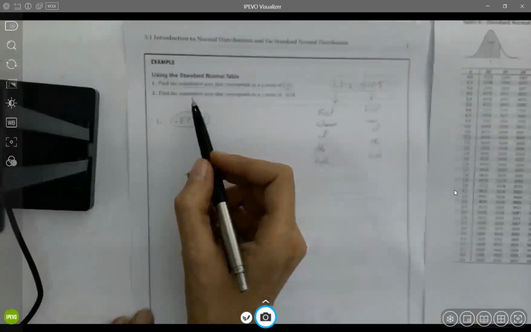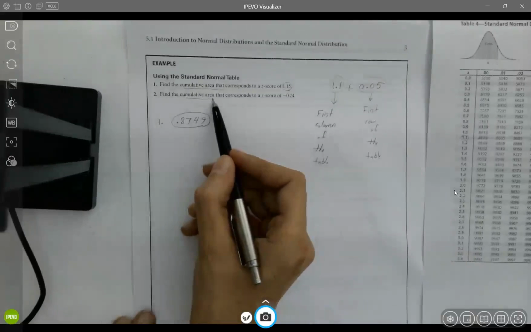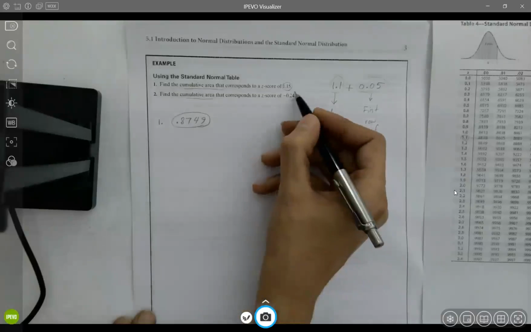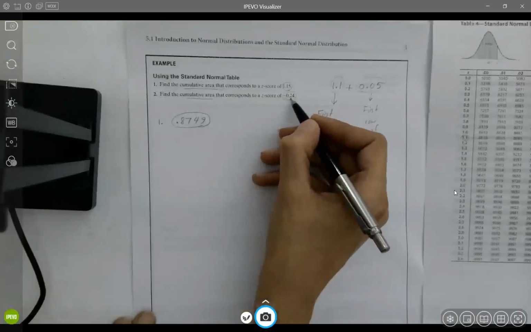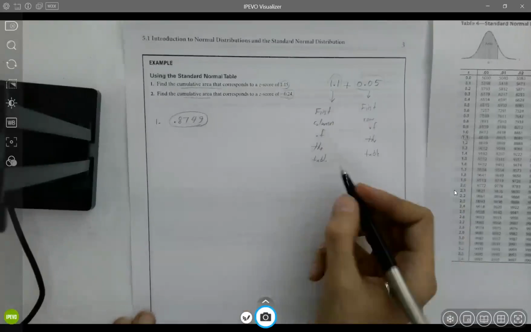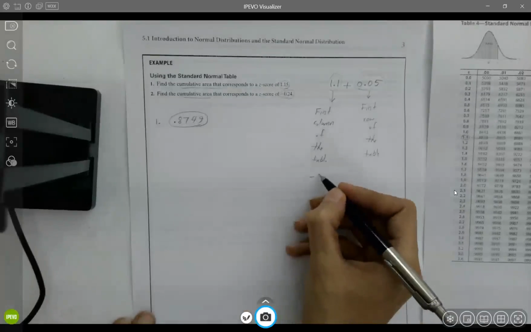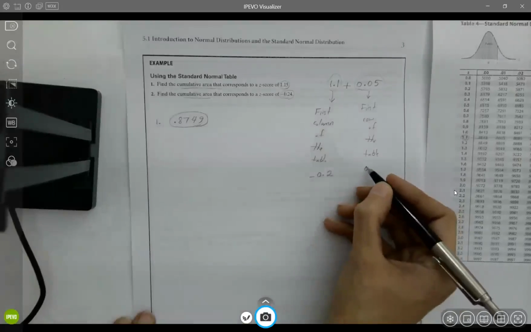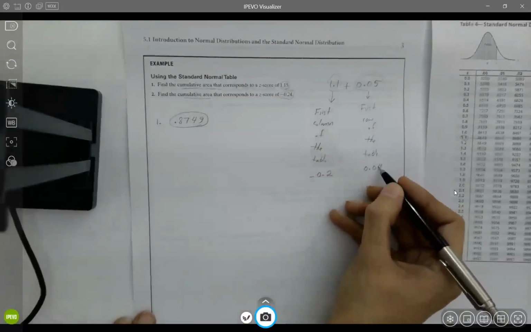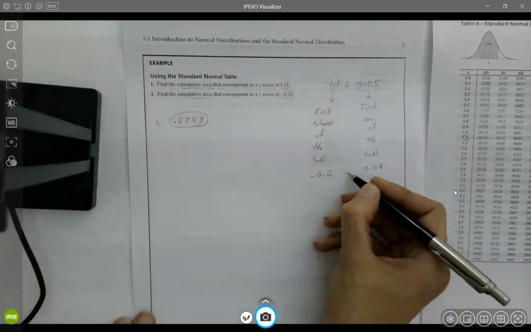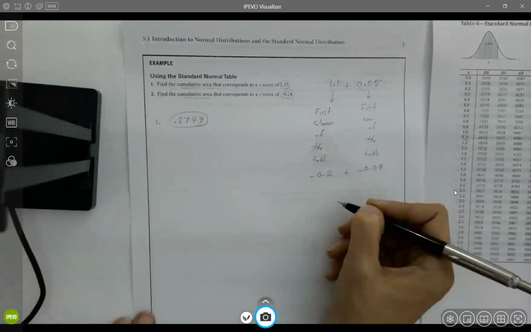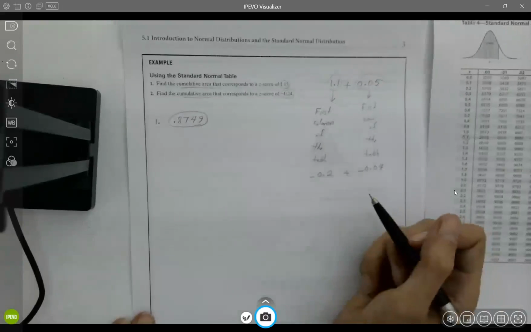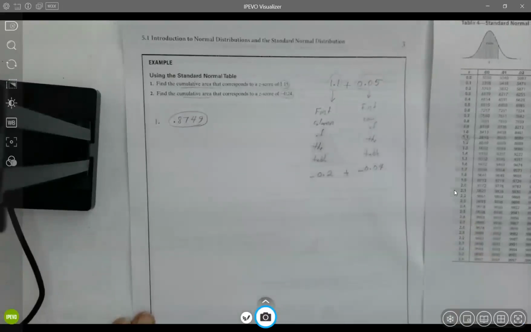How about the second one? Find the cumulative area that corresponds to a z-score of negative 0.24. So you have negative 0.2 and 0.04. If you add these two negative numbers, it actually gives you negative 0.24. Let's take a look at our table.